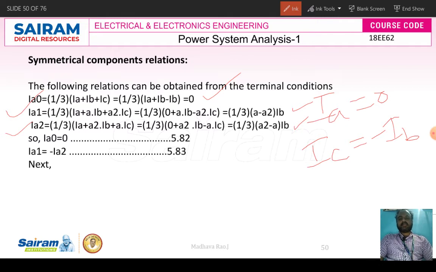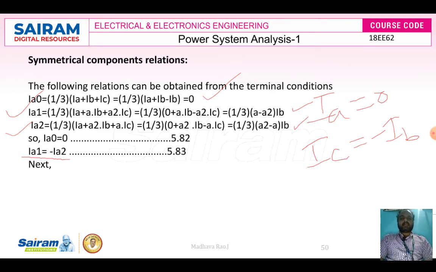So, these are the symmetrical component currents, and IA naught is equal to 0. We can also write IA1 is equal to minus IA2.